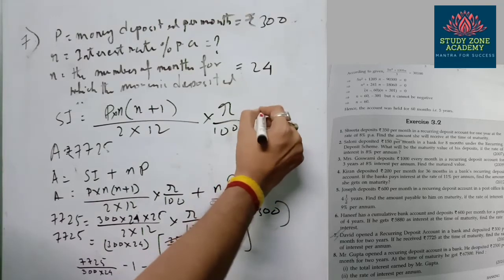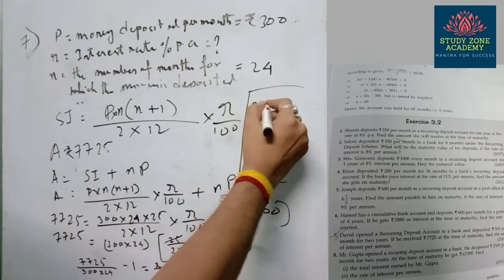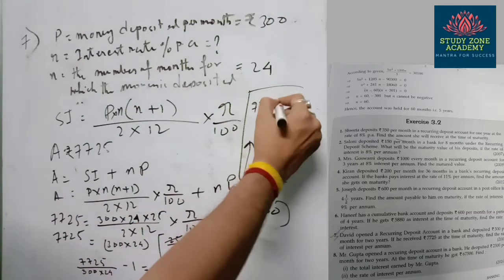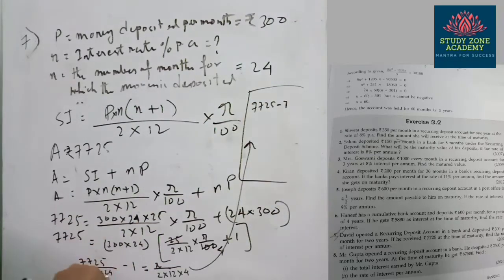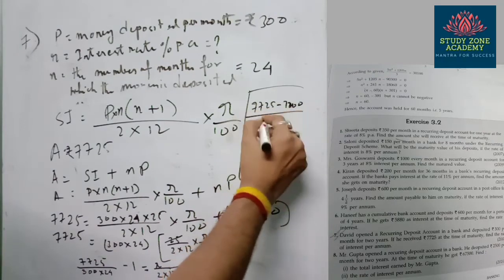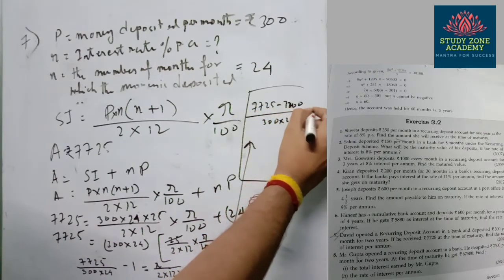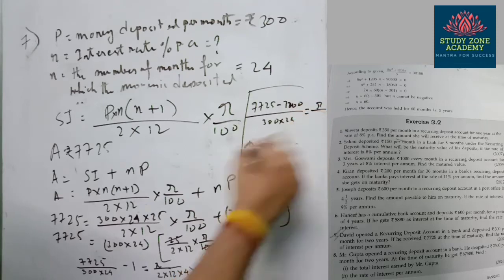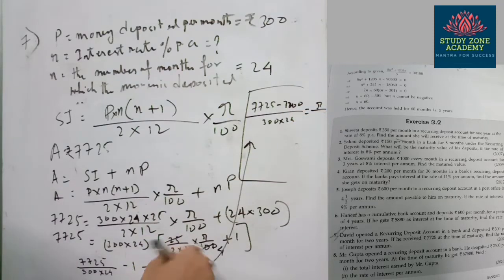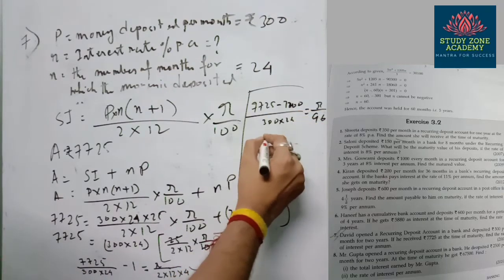Okay, so let me make one box here. So it's going to be 7725 minus, we're going to do the LCM, 300 into 20 plus 7200 divided by 300 into 24, and here it is going to be 2 into 4. That is going to be 8 into 12, it's going to be 96 here. Let me subtract.